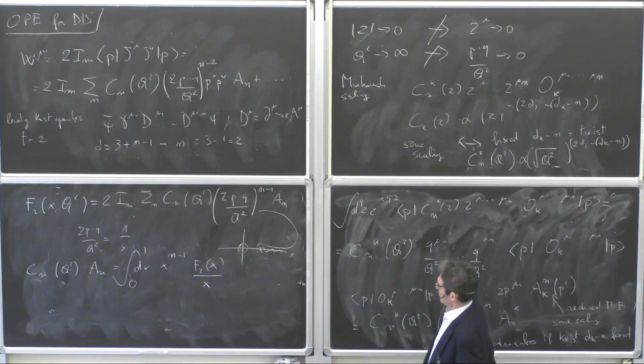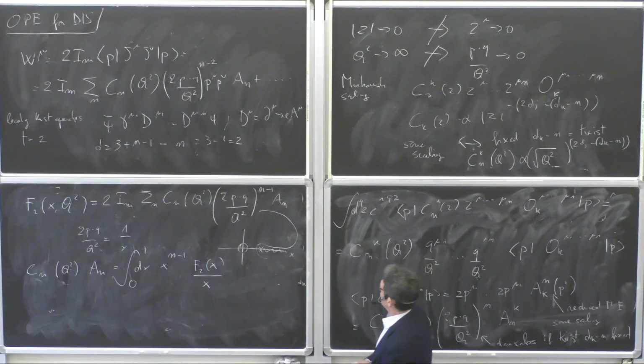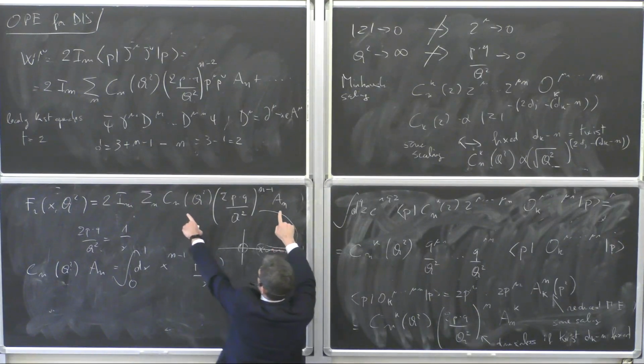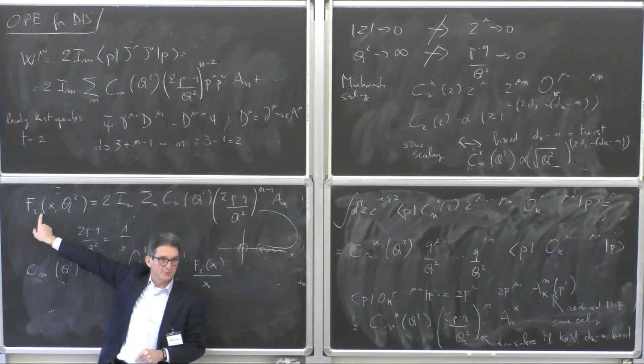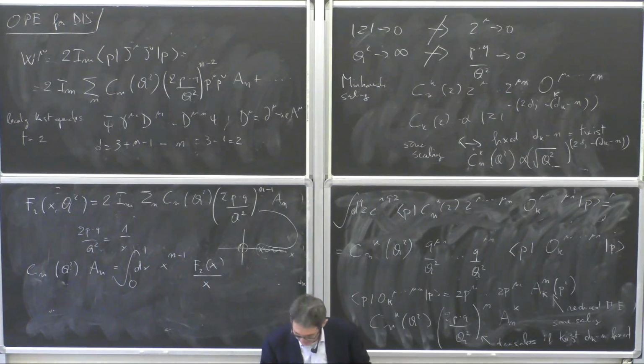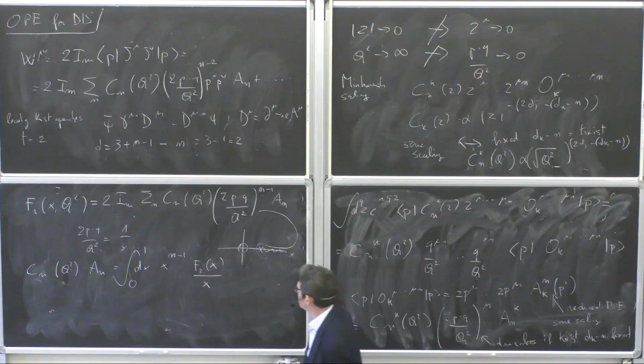Okay? Yeah, so the idea is you extract the nth coefficient by contour integration, and this is then equal to the corresponding integral on the left-hand side.